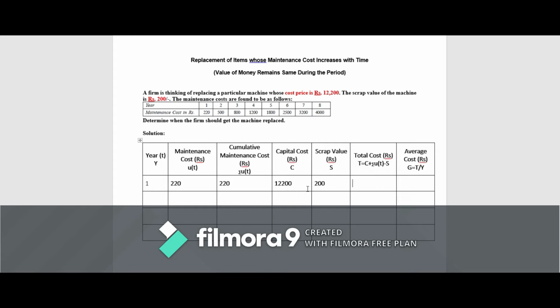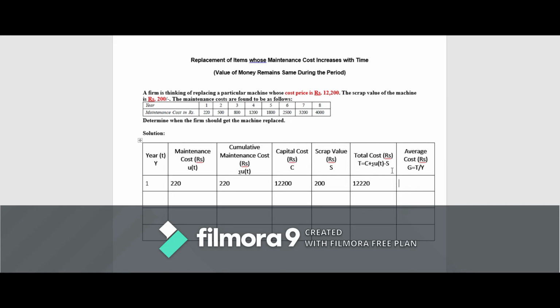So C equals 12,200 plus cumulative maintenance cost, which is just 220, minus the scrap value of 200. So the total cost is 12,220 rupees.